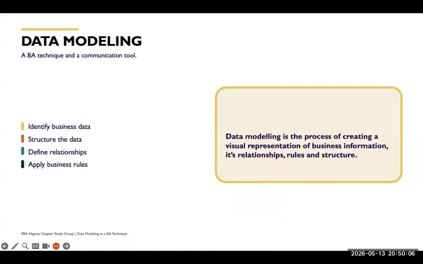Data modeling is the process of creating a visual representation of business information, its relationships, its rules, and its structure, right? A data model helps the business to identify business data.